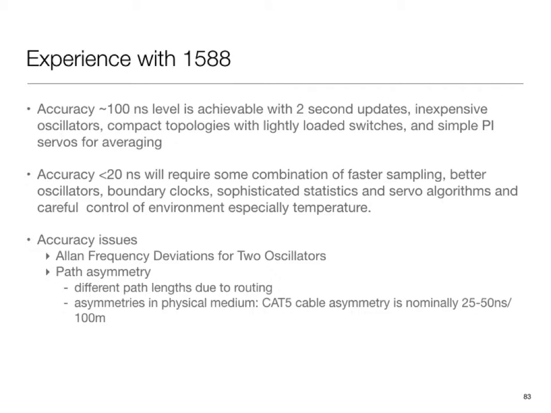Experience with 1588 is pretty good. I mean, sub-microsecond, obviously, because of the clock drifts and all, the rate updates are pretty high, but you can go down to closer to the order of 10 nanoseconds or so with better everything, and you can go down even lower if you are willing to go to the level of calibrating wires and everything like that.